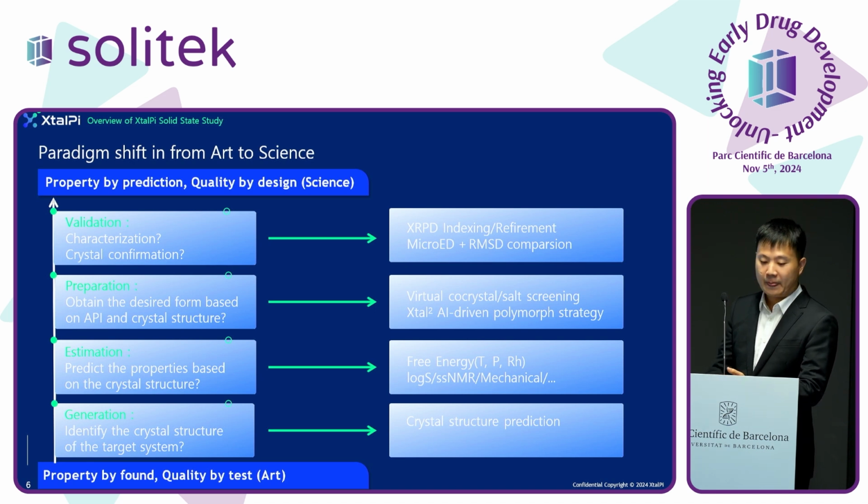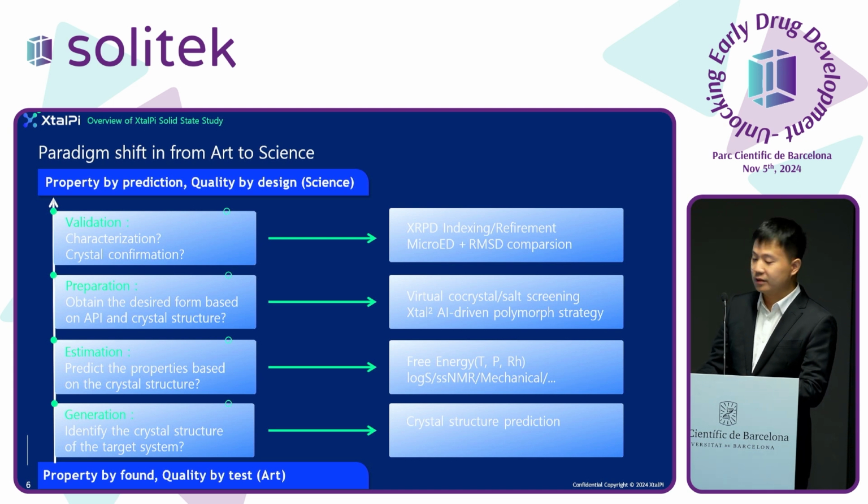And right now, we can use some computational tools to calculate free energy, which evaluates how the stability of crystals changes with temperature, pressure, and even humidity. And also, we can use crystal structures and computational tools to evaluate the solubility, solid-state NMR, and the morphology behavior of the crystals.